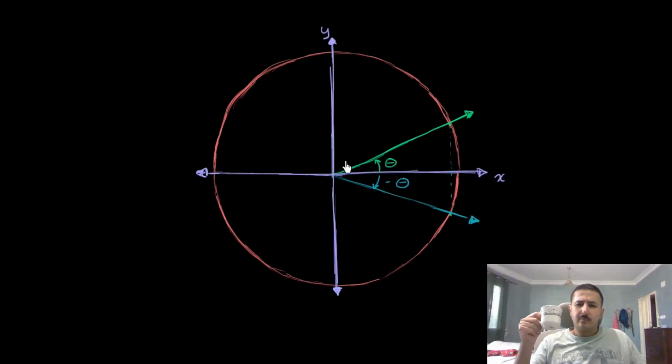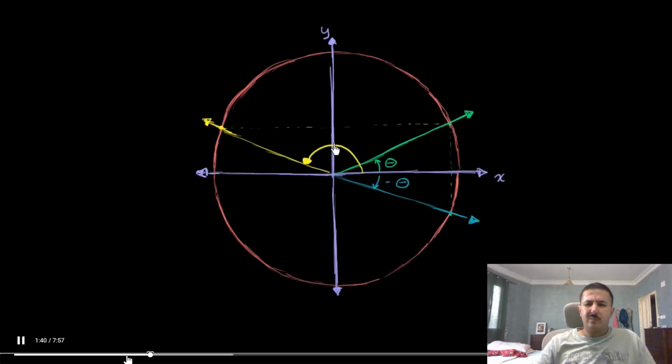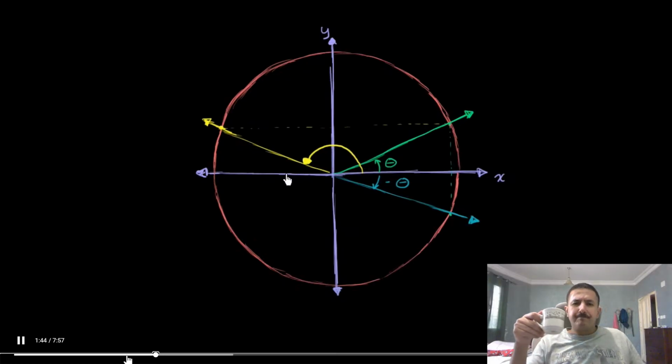Now let's flip our original green ray over the positive y-axis. We're going to go from there all the way to right over there. Well, we know if we were to go from the positive x-axis to the negative x-axis, that would be pi radians, because that's halfway around the circle.